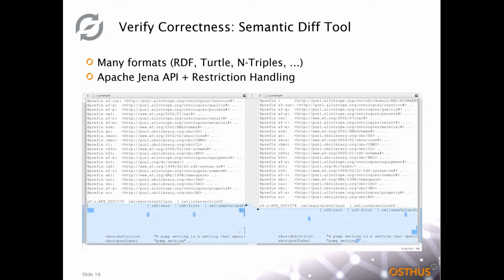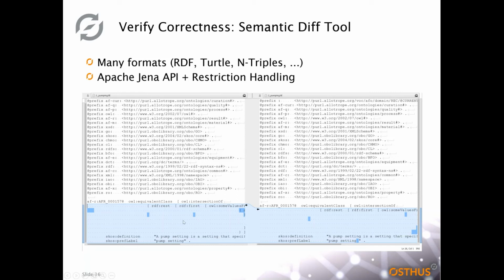What this tool does is it takes both files, looks at the differences, and writes just the differences to Turtle files. So we have a 1_pumping.ttl and a 2_pumping.ttl. And the right-hand side only contains the triples that were not in the first file, and the left-hand side contains only the triples that were not present in the second file.